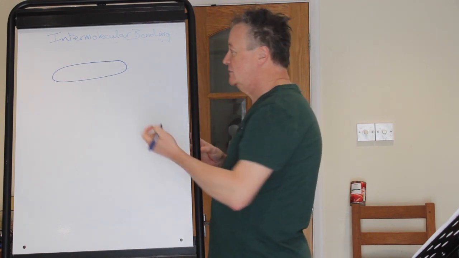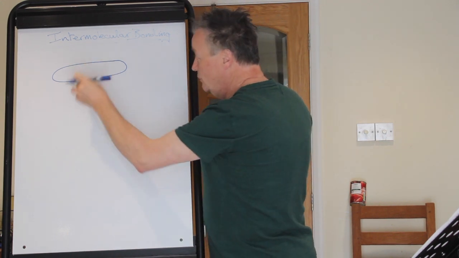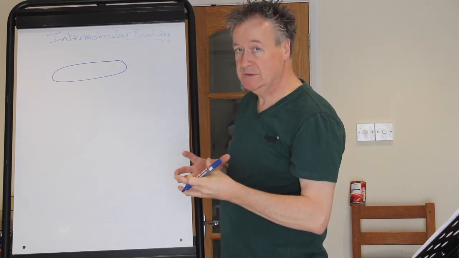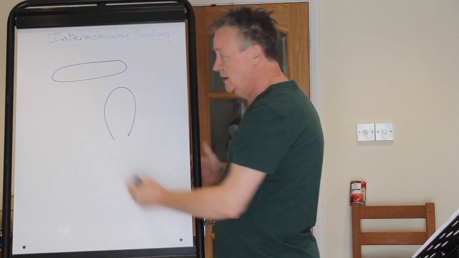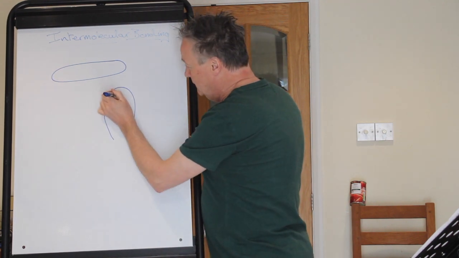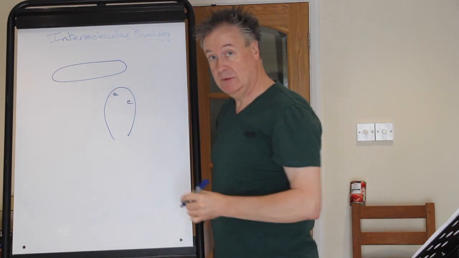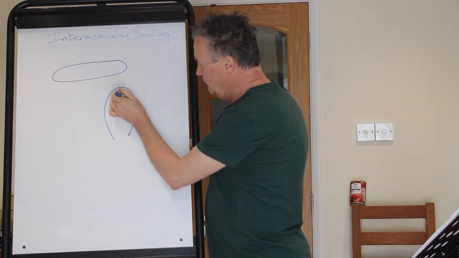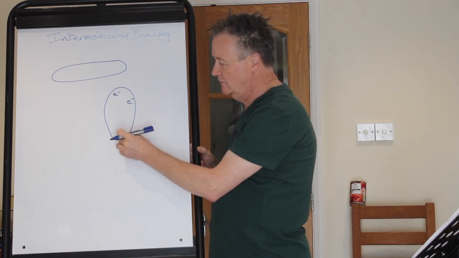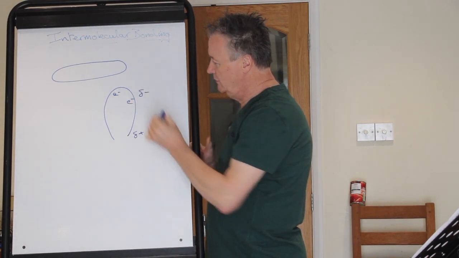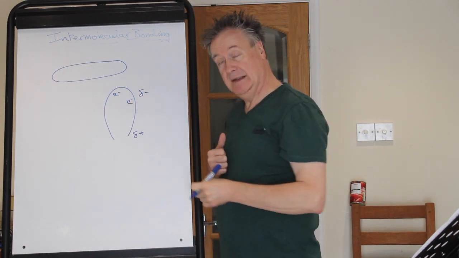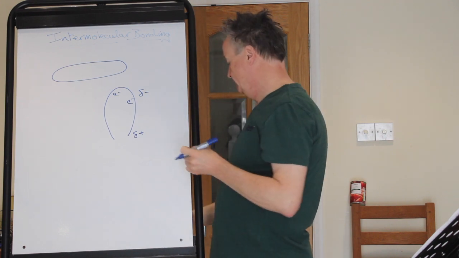So if you've got electrons, they will be moving around in their orbitals. When you look at an orbital, like a p orbital, you could have two electrons there. It could have two electrons up the top, so therefore it would be relatively negative at the top and positive at the bottom.